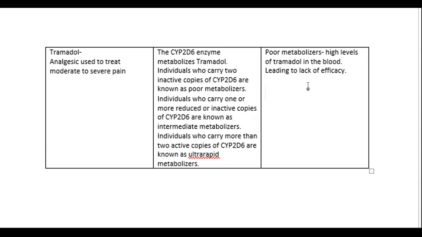So even in that condition, we can see a lack of efficacy, right?